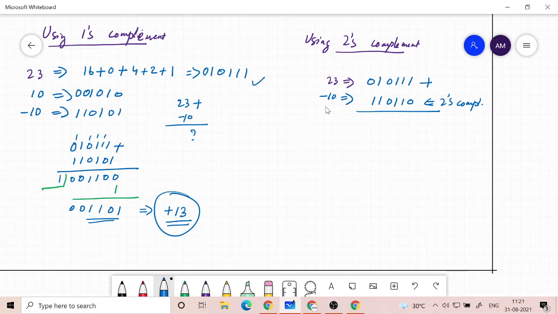Now add them, and discard the carry if it comes. 1 plus 1 is 0 carry 1, then 1 plus 1 is 0 carry 1, and so on until the last carry. So discard the carry, and you have the answer here. This is basically plus 30.